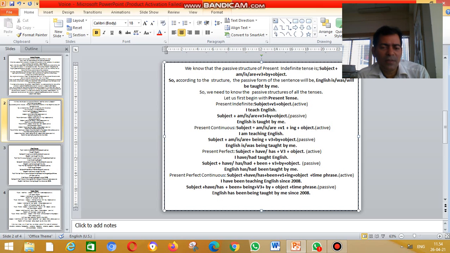So dear students, now let's see present perfect continuous tense. The active structure of the tense is subject plus have or has plus been plus V1 plus ing plus object plus time phrase. Time phrase means a phrase which indicates a long duration during which the action of the verb takes place. For example, for 10 days, a long time, for 1 week, for 10 years, etc. So according to the structure, the active sentence would be, I have been teaching English since 2008.